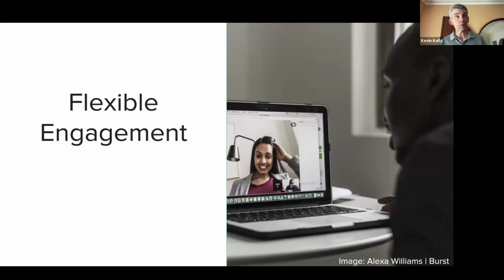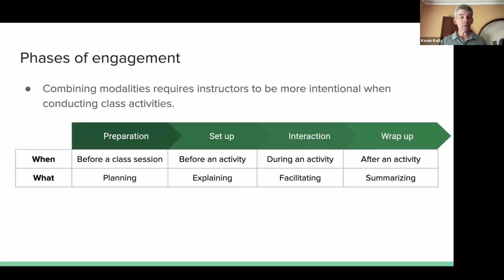On the flexible engagement side, we'll take a look at the different phases of engagement where you're planning for your class activities before the class session even begins, setting up before a particular activity and a live class session. What are you doing as you facilitate that activity, and how do we summarize it and wrap it up?